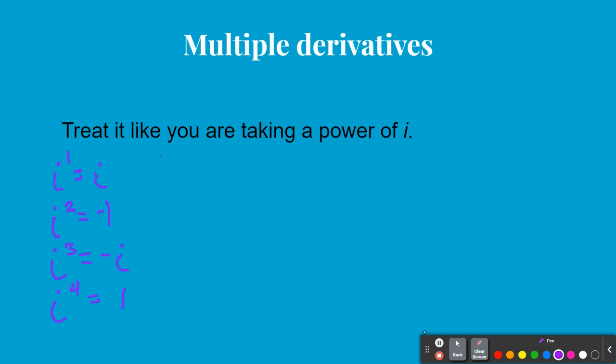And then you started saying, well, what's i to the fifth? Well, I take 1 times another i, which is i to the fourth times i, which is just going to be i again. And this pattern just repeats itself over and over and over ad infinitum.